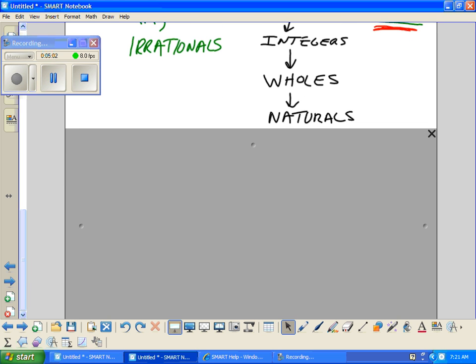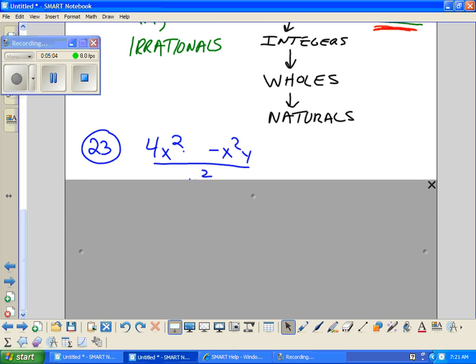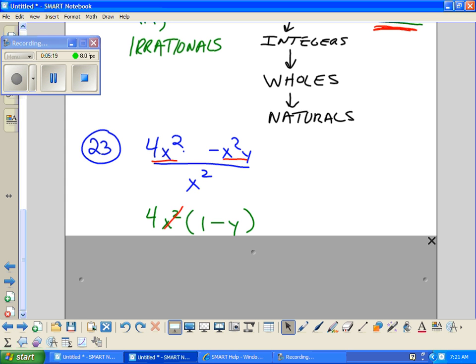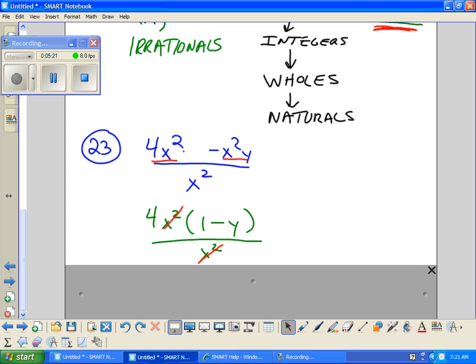And finally, number 23 is a simplify problem. Since there are two terms on the top, you cannot just cancel. You can only cancel factors, which means you have to look at the top and factor the top first. 4x squared times 1 is 4x squared.